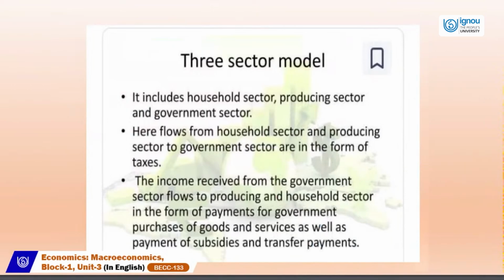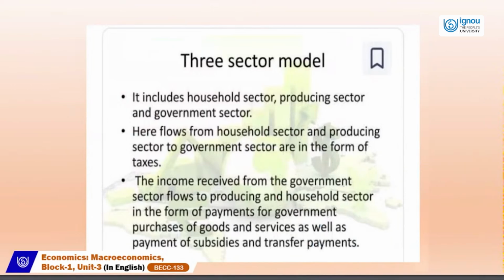It would build hospitals and schools for education. So that is the role of the government sector in this three sector model.